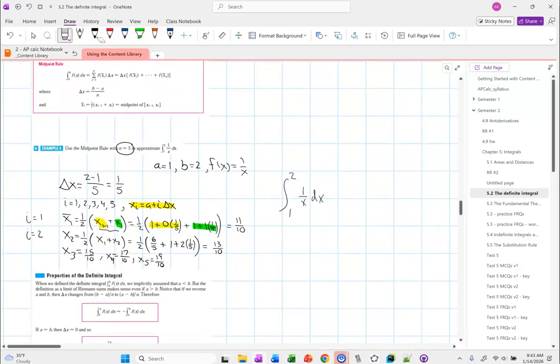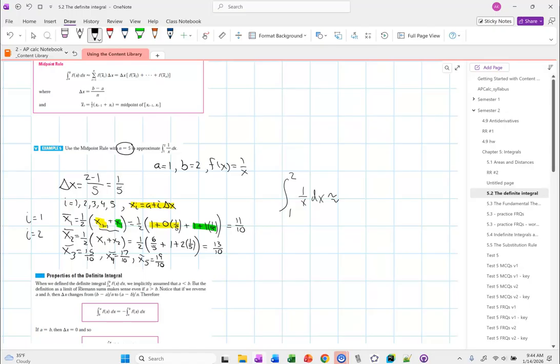So this integral is approximately f of x bar 1, so that's going to be 1 over 11/10 times delta x. Well, actually, let's do it this way.